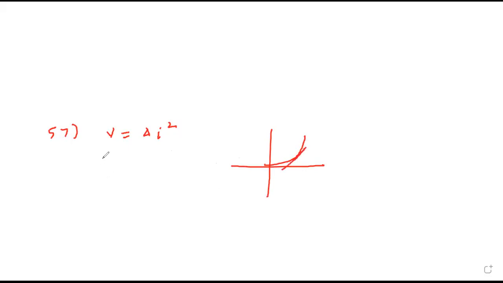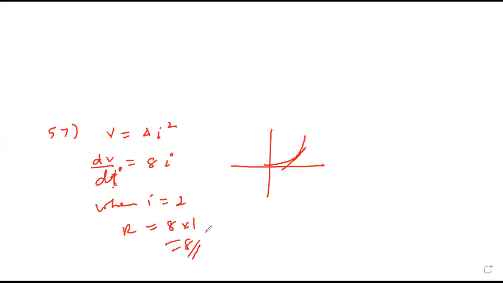Slope means dV upon dI. So dV upon dI, can I say it is 8I? Yes, sir. This is resistance R. When I is 1, then R will be dV upon dI, which is 8 into 1. 8 is the answer.